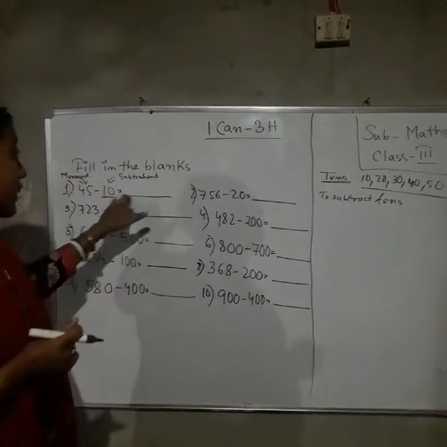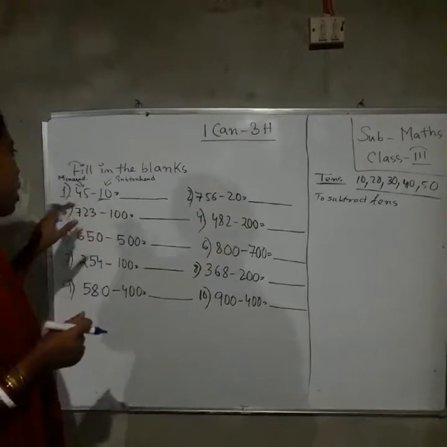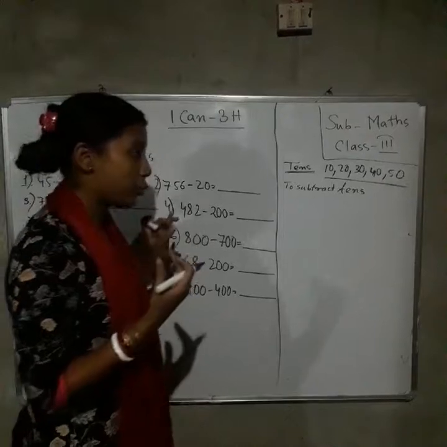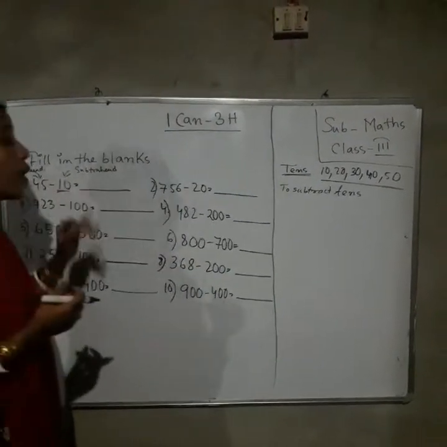So to subtract tens, to subtract 10 from the minuend, what do we do?